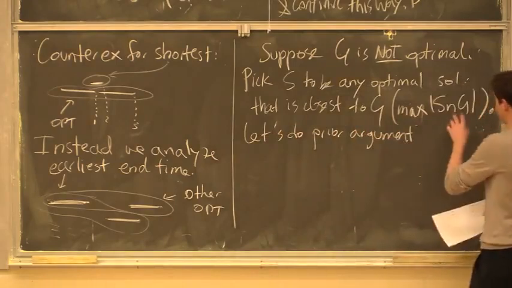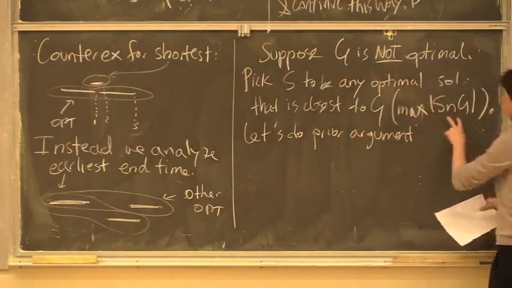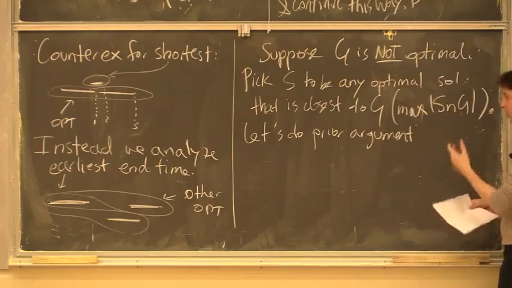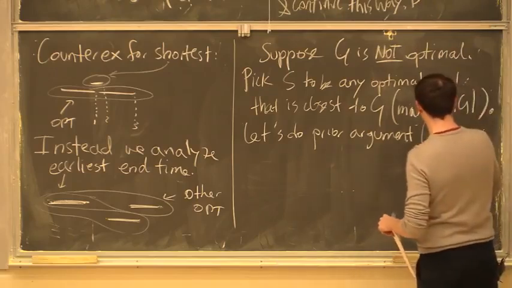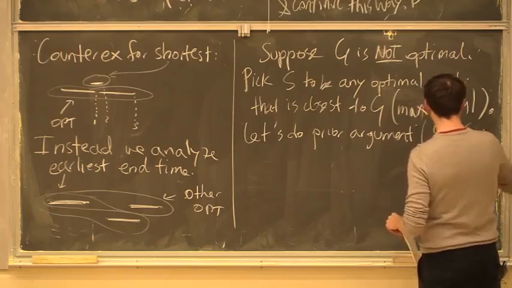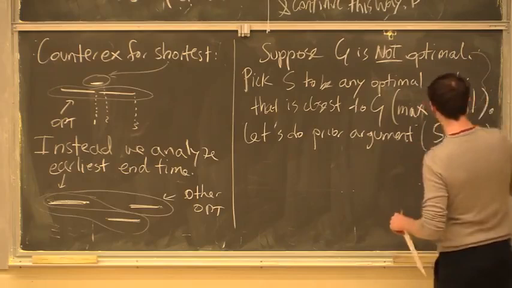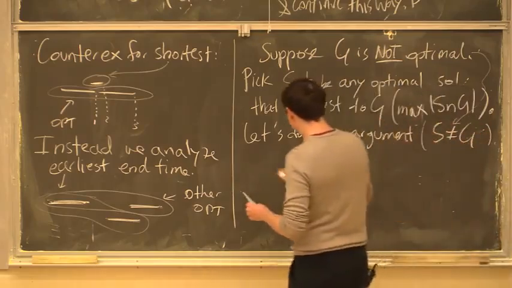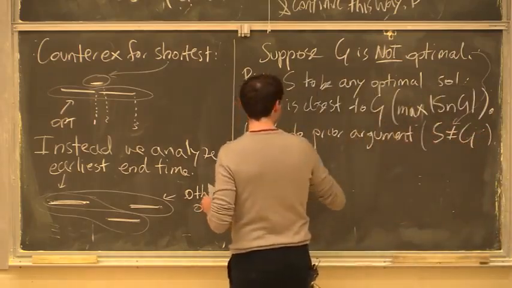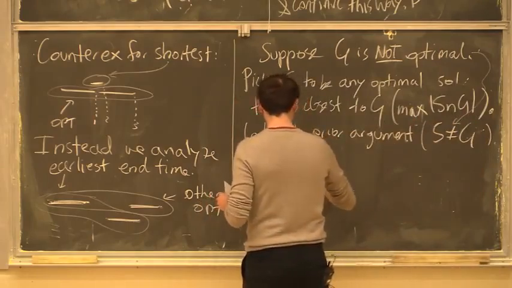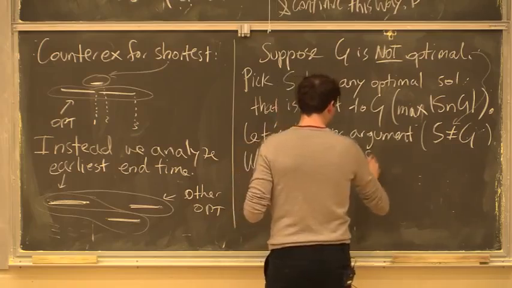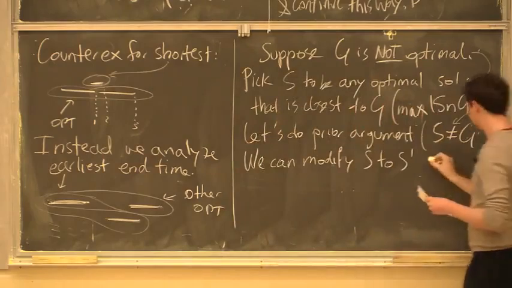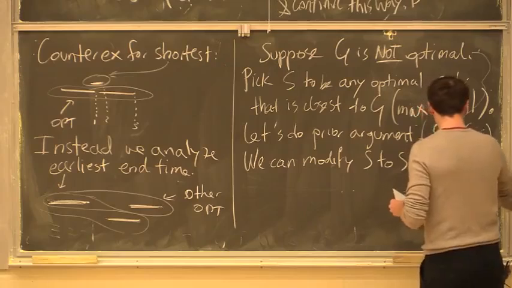Why? Because first, G is not optimal. Therefore, the intersection here is not everything, right? So they must differ somewhere. So do the prior argument. We know that S is not equal to G because S is optimal and G is not. Okay? So we can modify S to S prime so that two things hold.